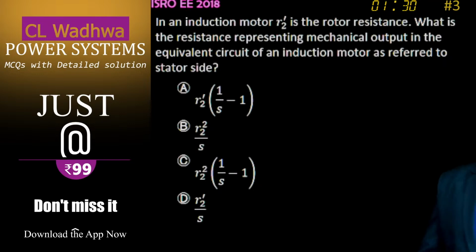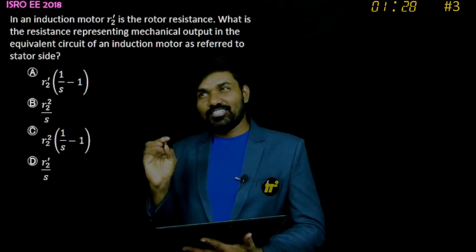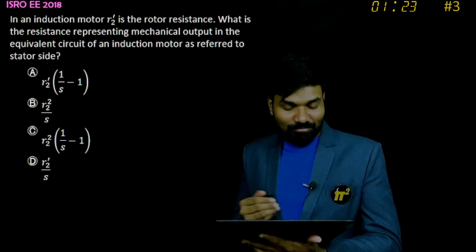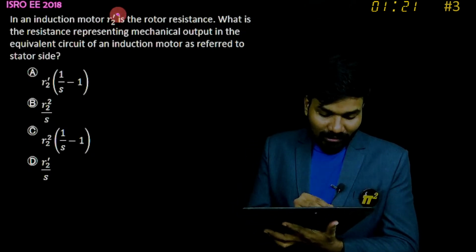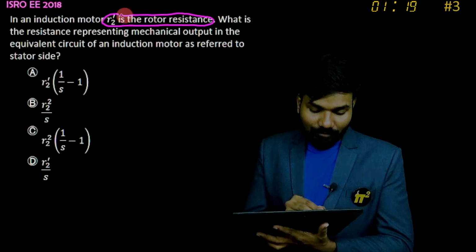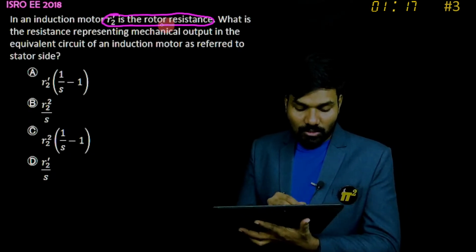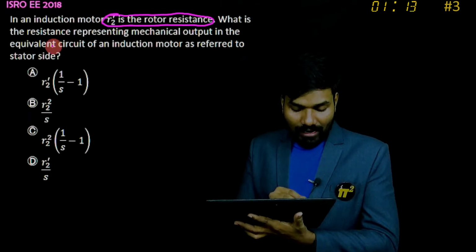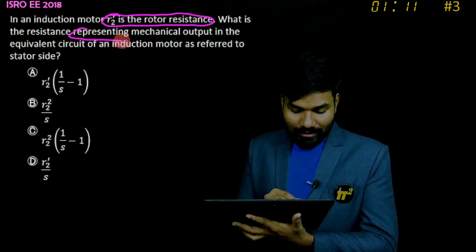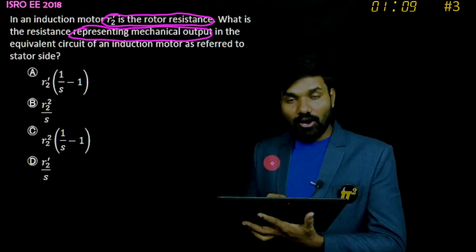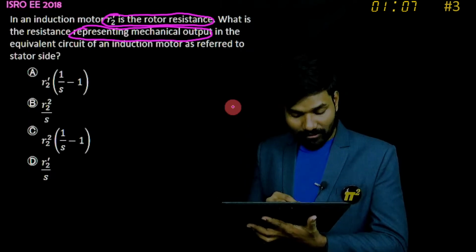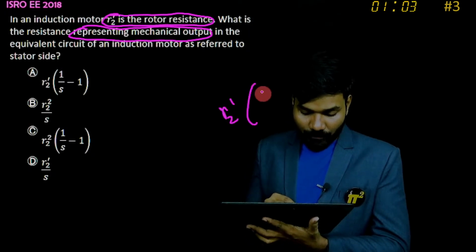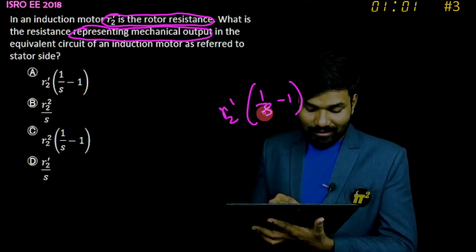This is also a straightforward question. Come on, don't take too much time for these simple questions. A rotor resistance is given, referred to the stator, that's R2 prime. And the resistance corresponding to mechanical output, again referred to the stator side, is R2 prime into 1 minus s by s.